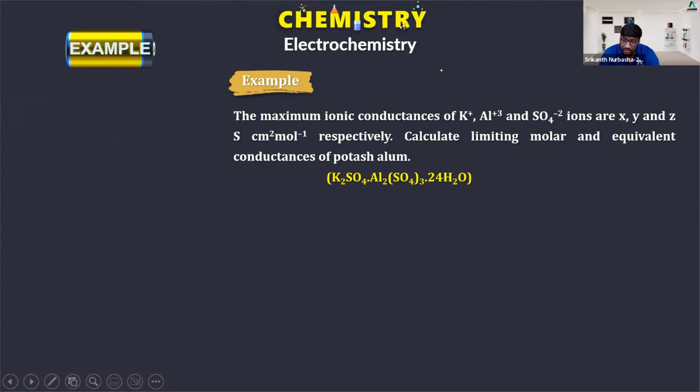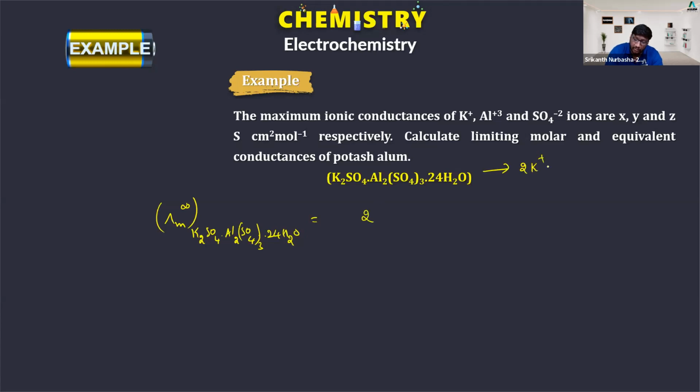The limiting ionic conductances of K plus, Al plus 3 and SO4 2 minus are x, y, and z. Calculate the limiting molar and equivalent conductance of potash alum. The molar conductance at infinite dilution of K2SO4.Al2(SO4)3.24H2O is equal to: it gives 2K plus, 2Al plus 3 and 4 sulfate, 4SO4 2 minus.